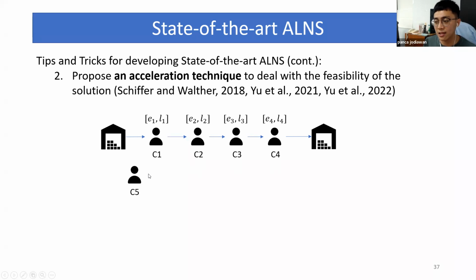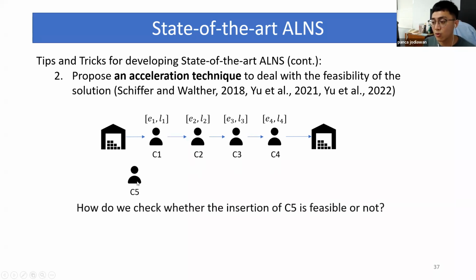Then let's say you have C5 that you want to insert. You want to try to insert it in between the depot and C1. You try to insert it here, here, here, here, and here. It means that you have 5 possible positions. Then the question is, how do we check whether the insertion of C5 is feasible or not?